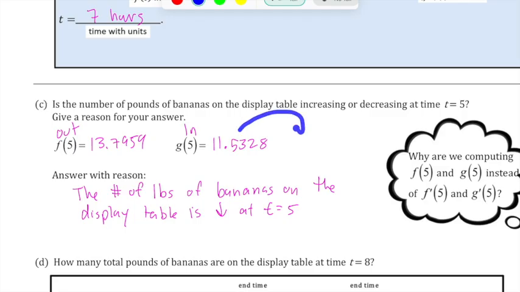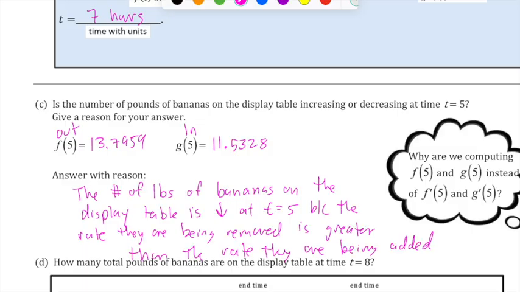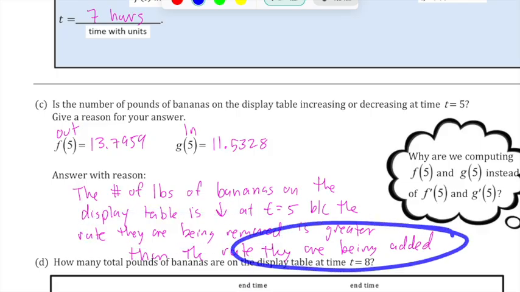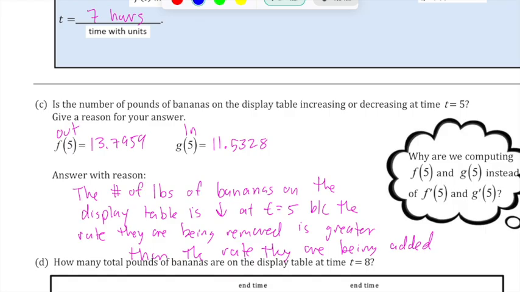Because there's 11 pounds going in at time equals 5, but there's 13 pounds going out, the number of bananas on the table is decreasing. And you just have to explain that. The explanation is the rate at which the bananas are being removed is greater than the rate that they're being added to the table.